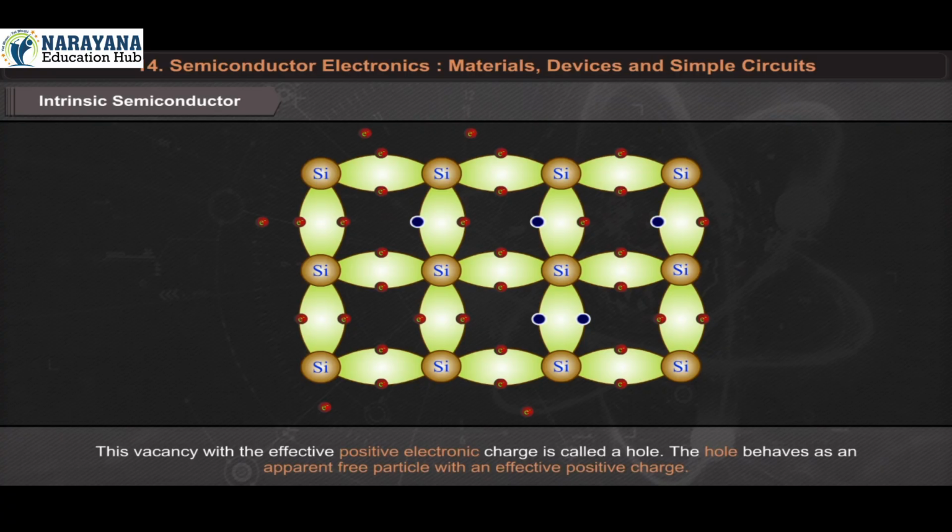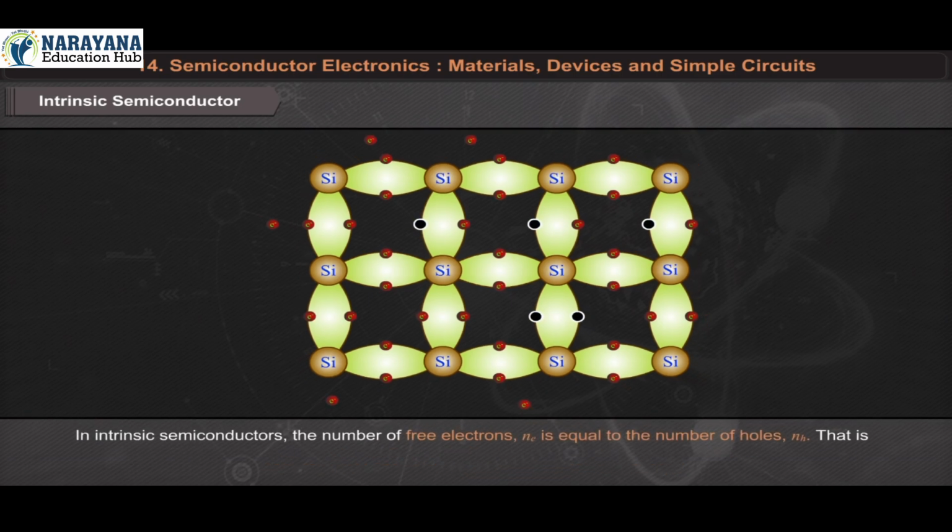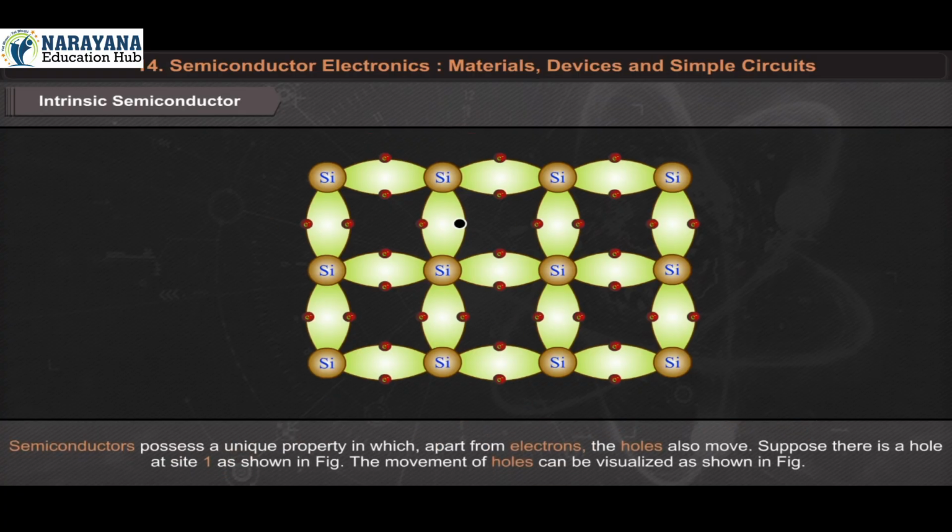The hole behaves as an apparent free particle with an effective positive charge. In intrinsic semiconductors, the number of free electrons Ne is equal to the number of holes Nh. That is, Ne = Nh = Ni. Equation 1. Where Ni is the intrinsic carrier concentration.